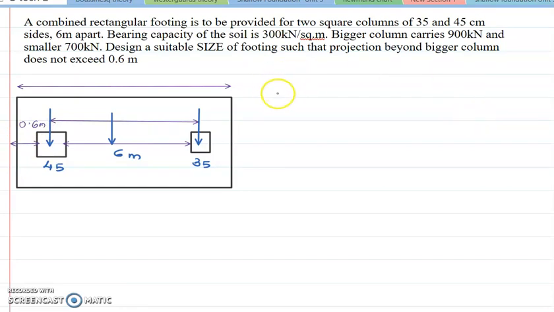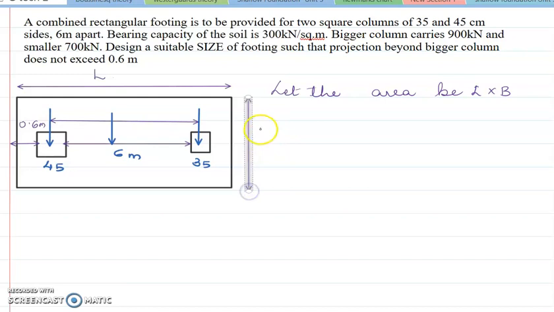So now here I will start the problem saying let the area be L into B, as we started with small a into b for the previous case. So this will be my L and this becomes my B. It's fairly simple because this is a rectangle.